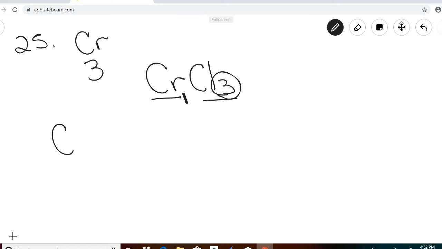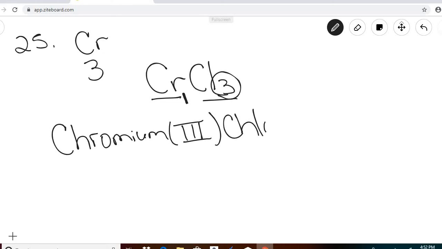So its name would be chromium(III) chloride, because chloride is the non-metal. Because chromium can take on more than one charge, we indicate what charge it has in this particular compound.